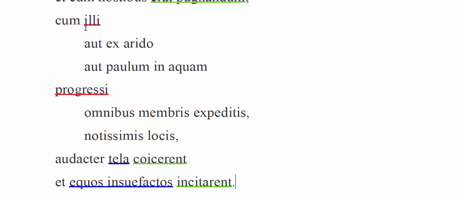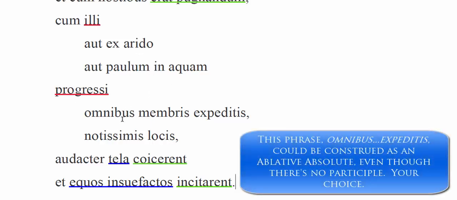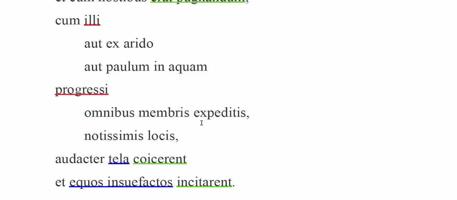So on the other hand, they, the barbarians, either from the dry land or a little bit into the water, progressed. So they are walking from the dry land or just in shallow water with all of their limbs free. This word expeditis is the opposite of impeditis, which is what our soldiers were.